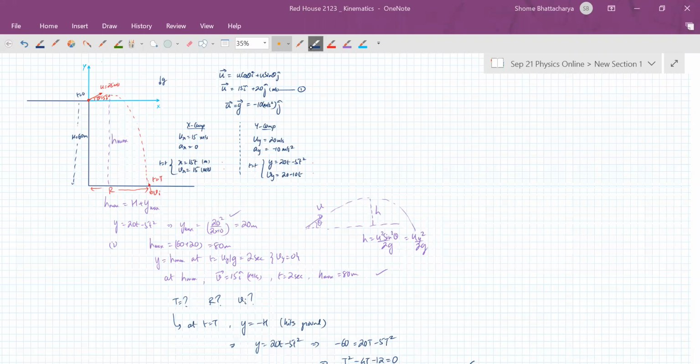Yes, very good, Adinath, that's correct. Impact velocity, your value is correct.